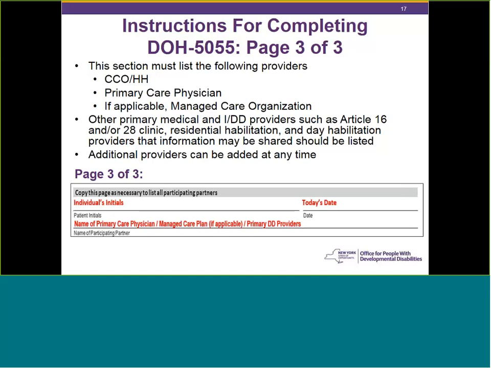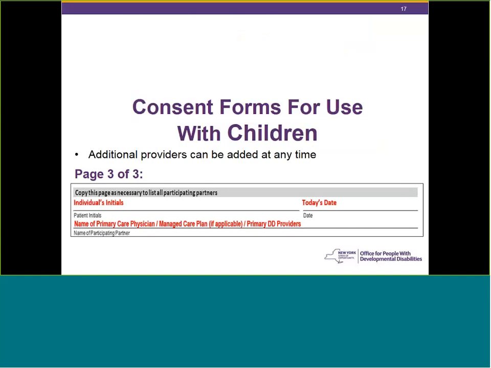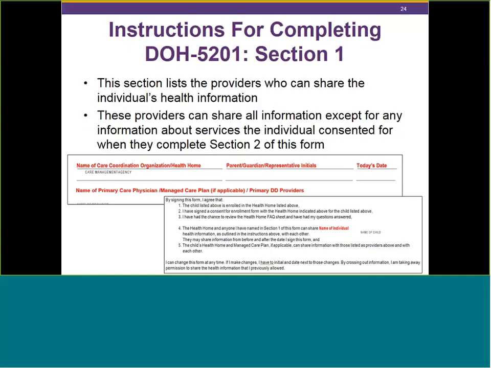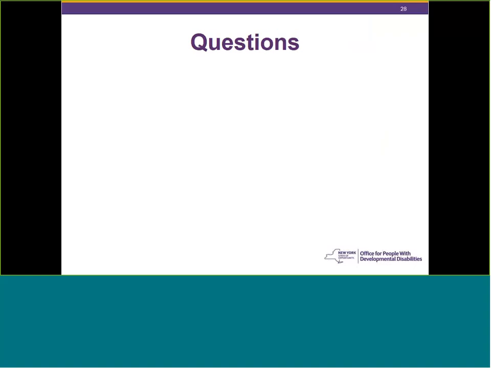Okay. There were a couple of questions about the under 18 consent form, the 5201. One of the questions was, due to some cultural sensitivities, can Section 2 of the 5201 be completed at some later point in time, or can it be waived altogether?